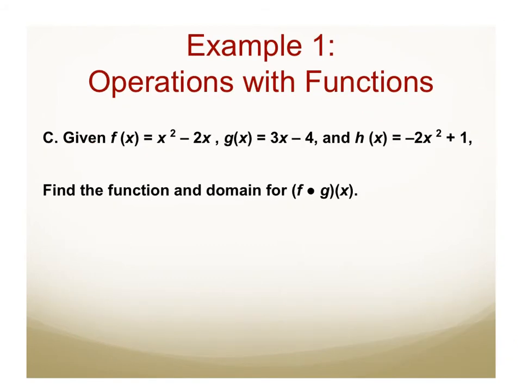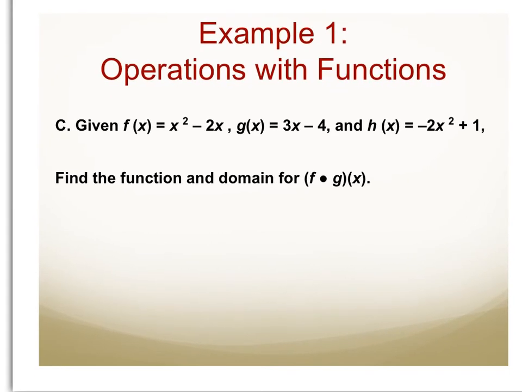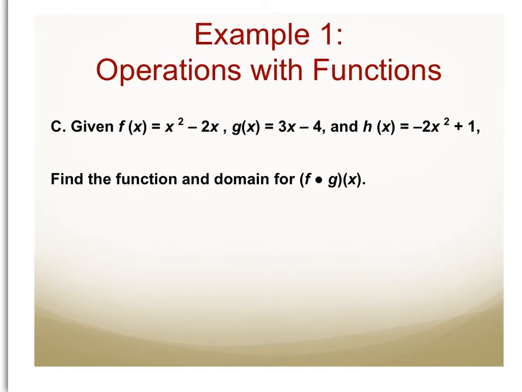In example 1, part C, we're given the same three functions, f of x, g of x, and h of x. And we are asked to find the product of f and g. So what this really means is f of x times g of x.